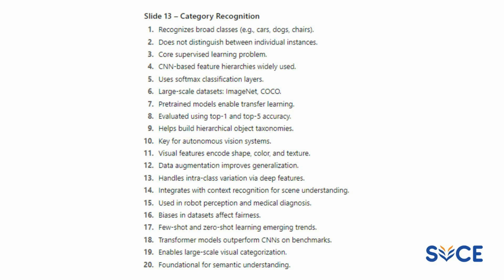The system extracts visual patterns such as edges, textures, colors, and shapes using either traditional or deep learning methods. The fourth step is feature representation.